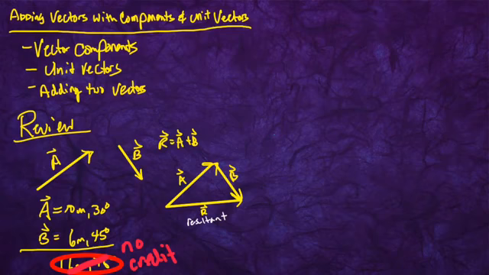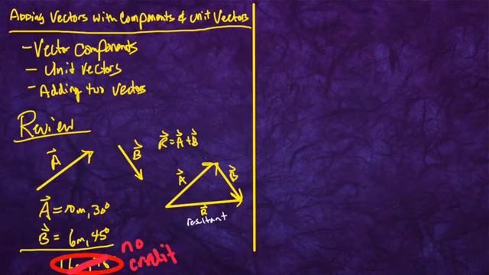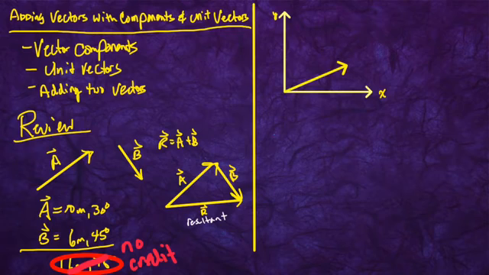All right, so you will not receive credit if you add those vectors in that way. All right, so we're going to come up with a new coordinate system. And there is vector A, which is 10 meters and 30 degrees. Okay, and now this has two components to it.